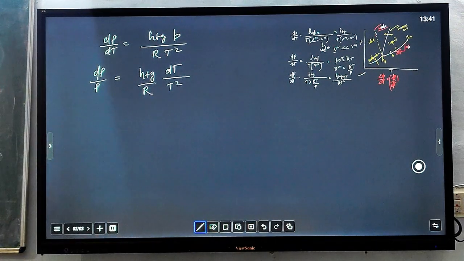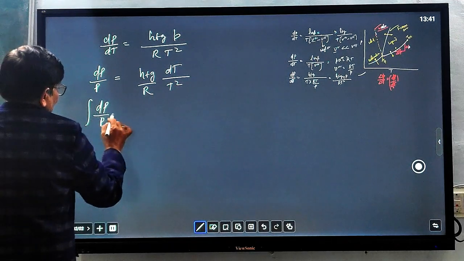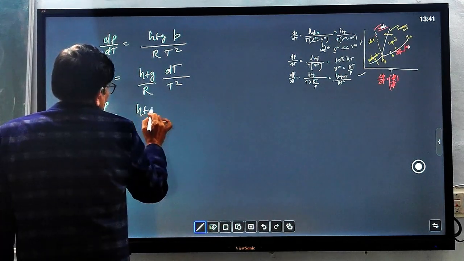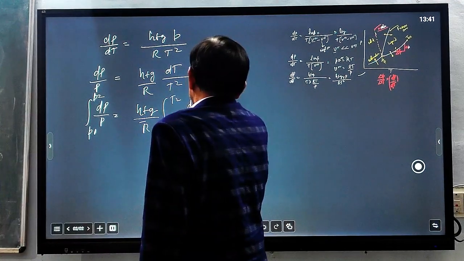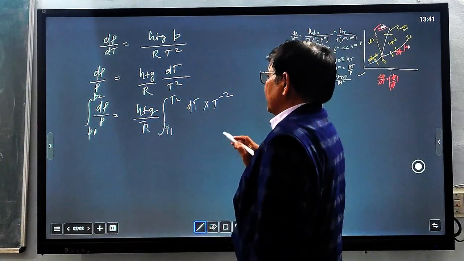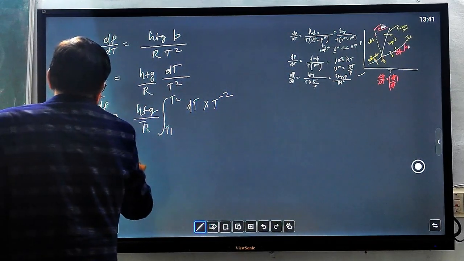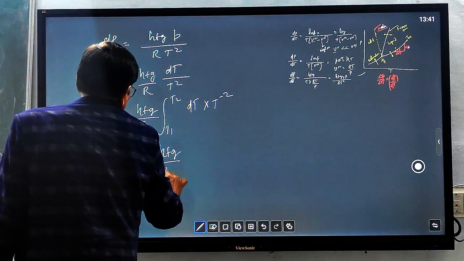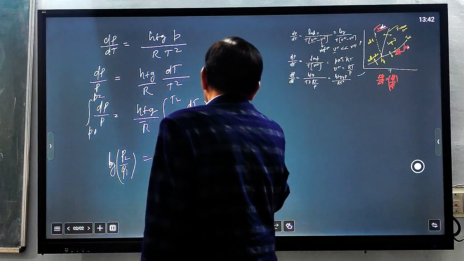Integrating this from initial pressure to final pressure, the integral of dp over P from P1 to P2 equals HFG upon R times the integral of dt over T square from T1 to T2, which gives minus 1 upon T. So we get ln P2 by P1 equal to HFG upon R times minus 1 upon T from T1 to T2.